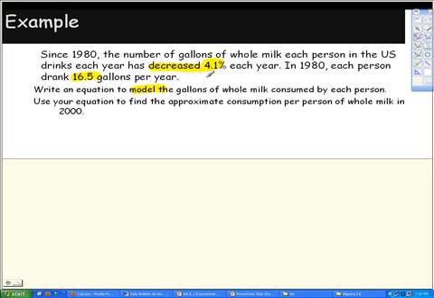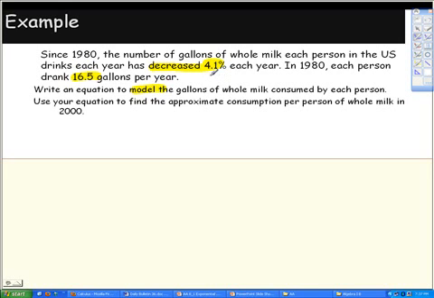So let's see. I'm decreasing 4.1% per year. So that means if I had 100%, it wouldn't decrease, it would stay the same. But if I take 100 minus 4.1, I get 95.9. So this is going down at 95.9% per year. I said that wrong. What I've got left is 95.9%.